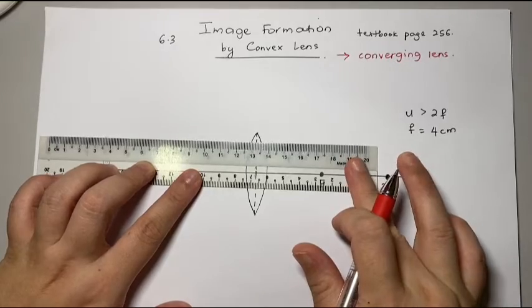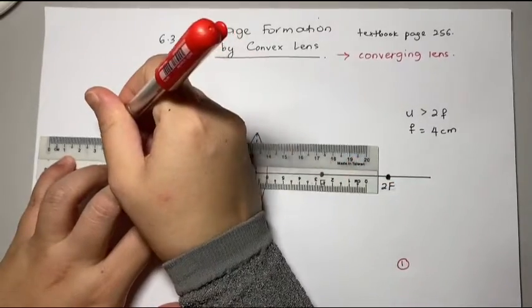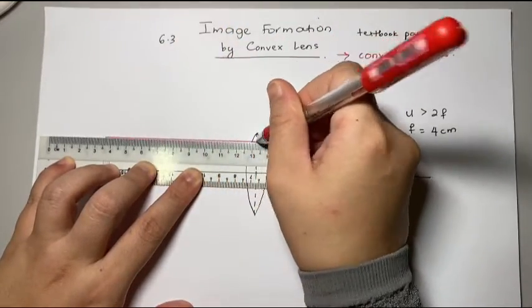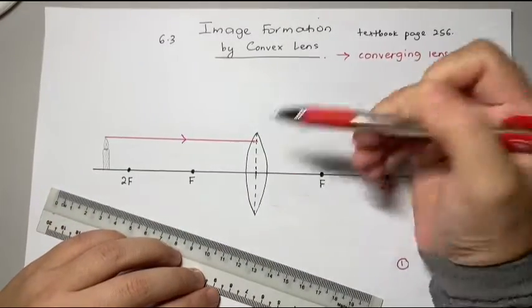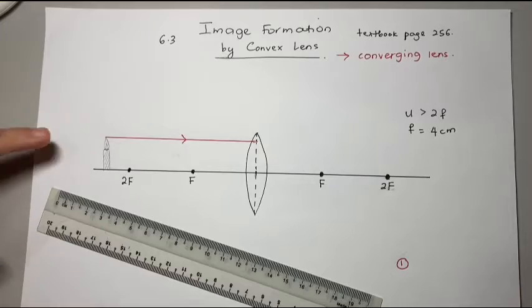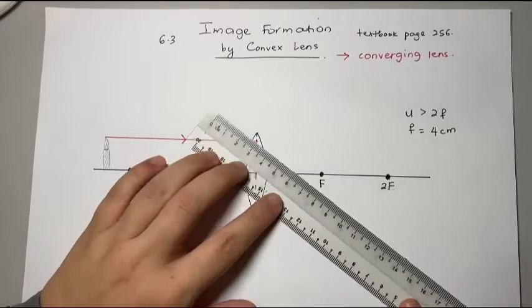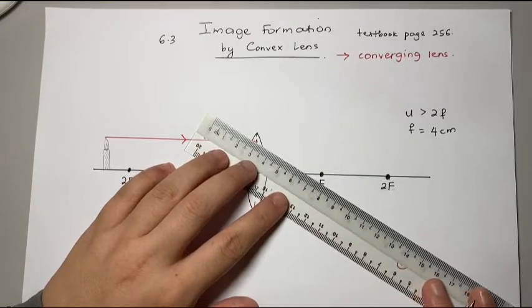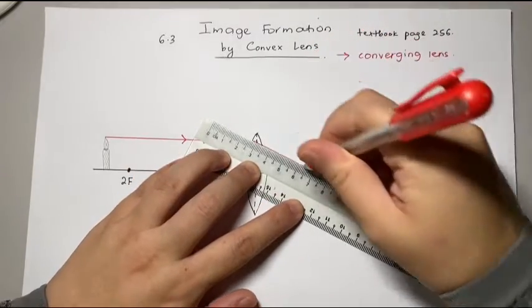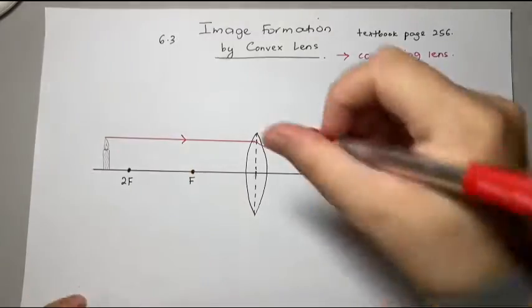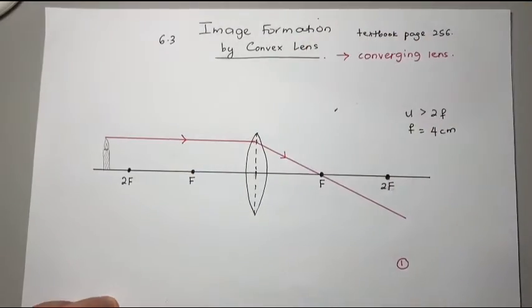Alright. Remember to always stop at the dotted line here. Okay. That is my incident ray parallel to my principal axis, and then my refracted ray would be towards F. Okay, that's my first ray.